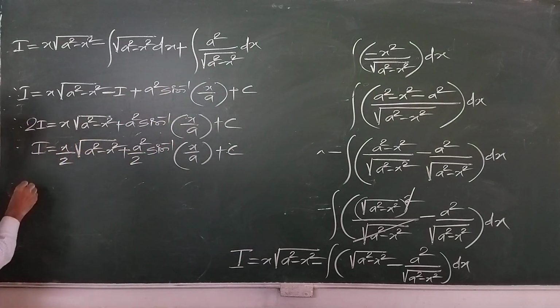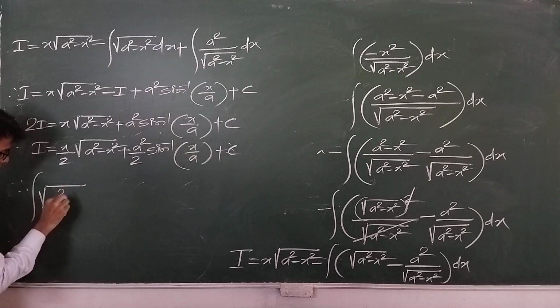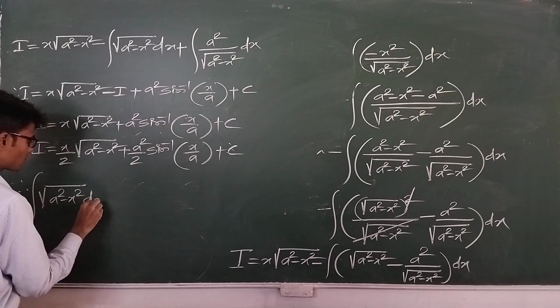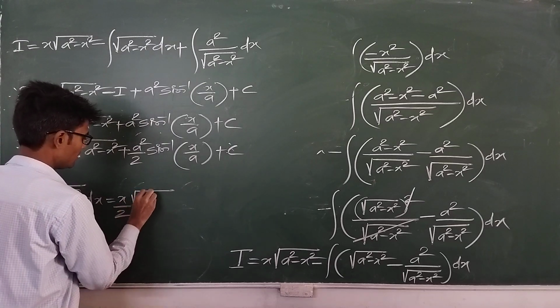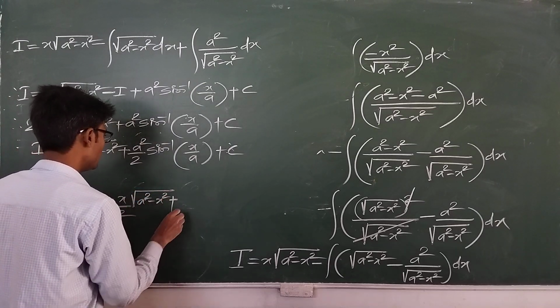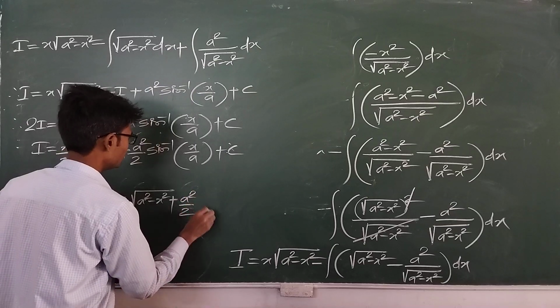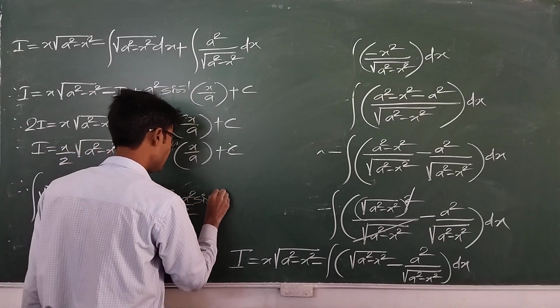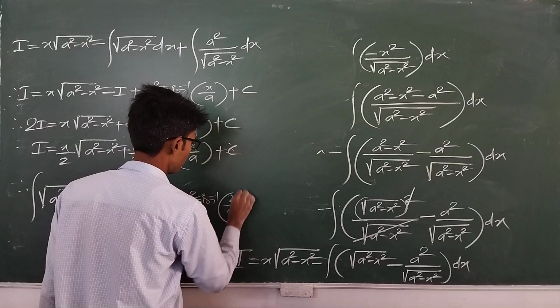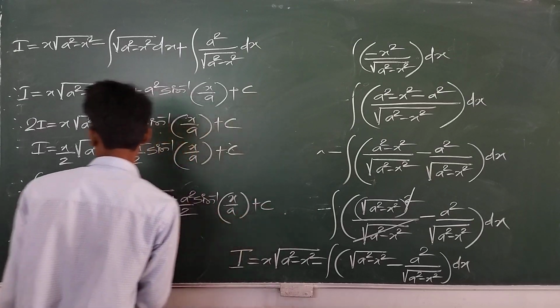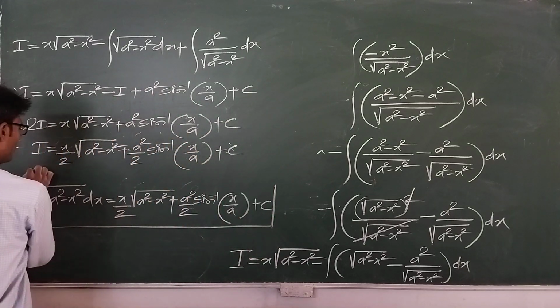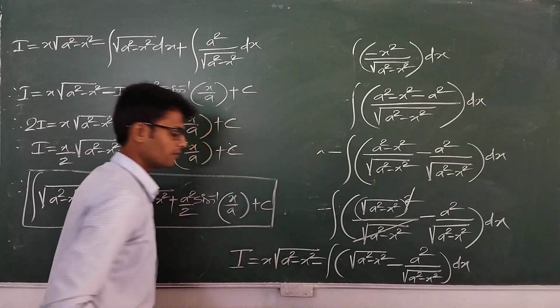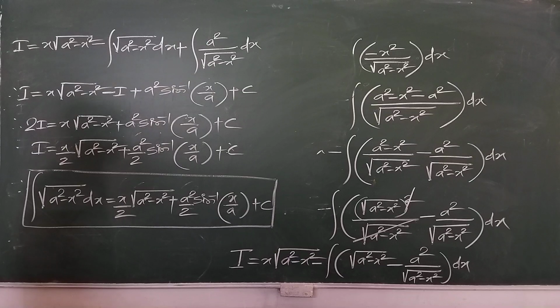Right? So the integration of square root of a square minus x square with respect to x is equal to x by 2 square root of a square minus x square plus a square by 2 sine inverse of x by a plus c. So this is the required value of the given indefinite integral.